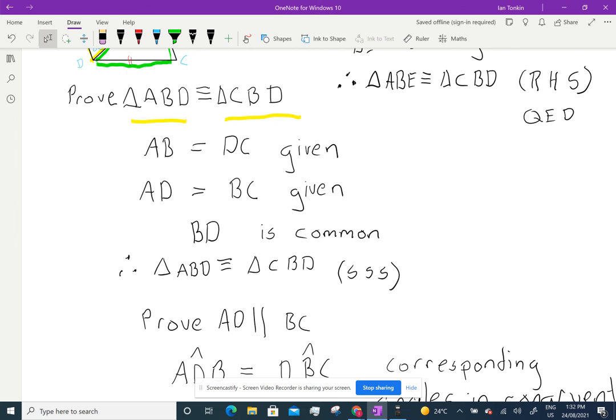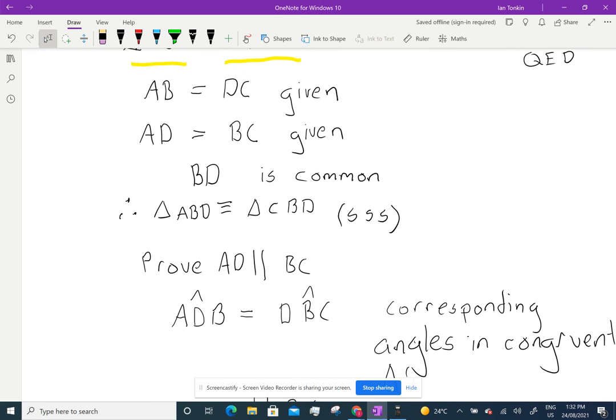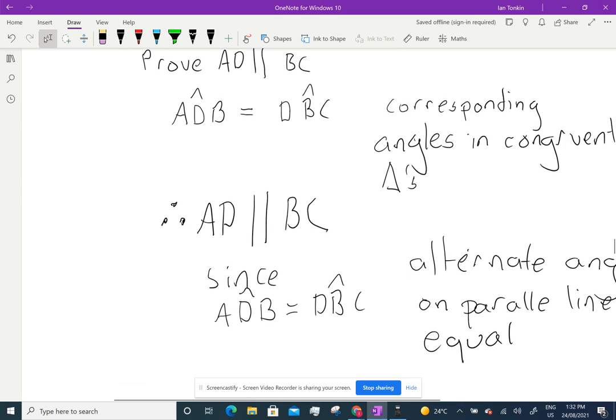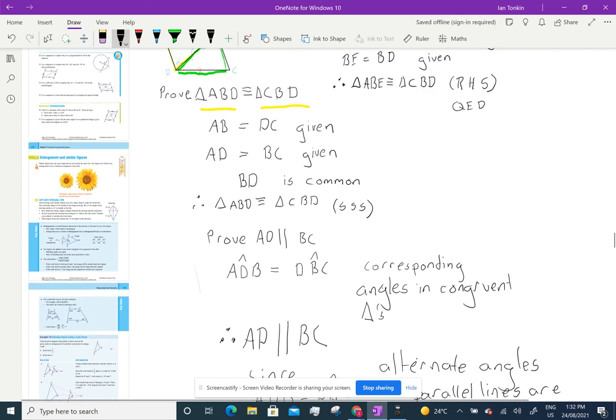Now, to prove that AD is parallel to BC, by showing that the alternate angles are equal, well, then the lines must be parallel. And the alternate angles are equal. Oh, I've got an L in parallel. The alternate angles are equal because they're corresponding angles in congruent triangles. Therefore, AD must be parallel to BC.